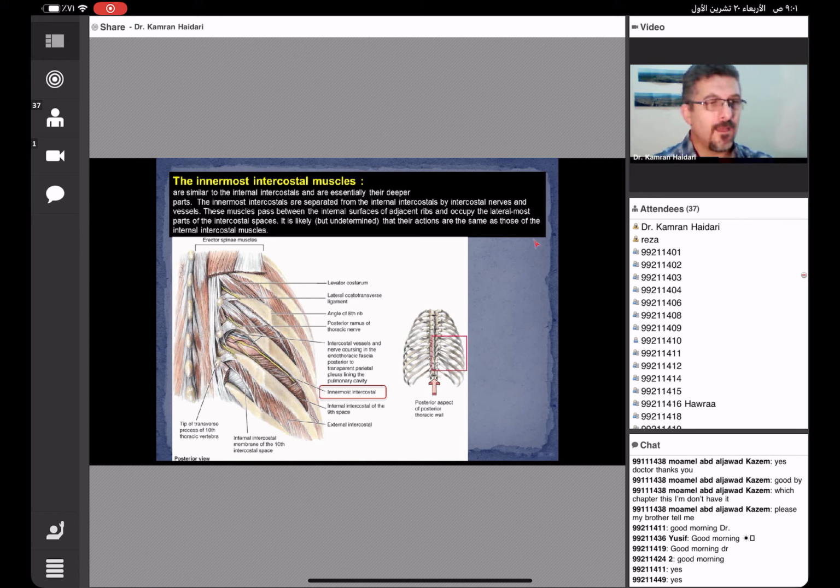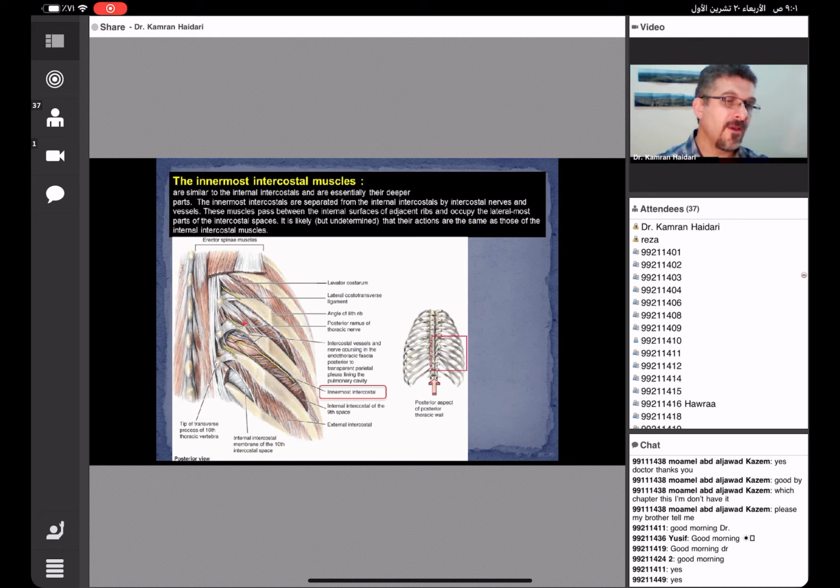Alright, on the outside of the thorax, but on the posterior wall of the thorax, you've got a levator costarum. This muscle arises from a transverse process of the thoracic vertebra and attaches to the next rib.